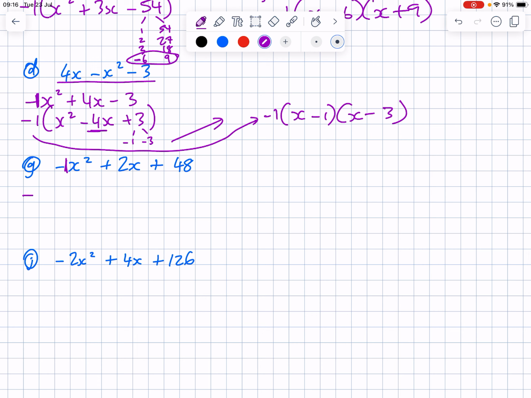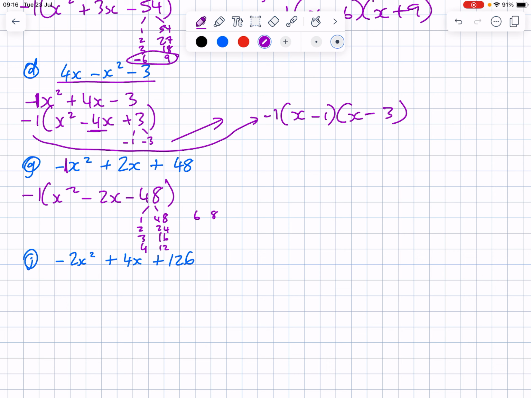So remove negative 1 as a factor. You've got x squared left over. What do I times negative 1 by to get positive 2x? Negative 2x. Positive 48, negative 48. Factors of 48: 1 and 48, 2 and 24, 3 and 16, 4 and 12, 6 and 8.